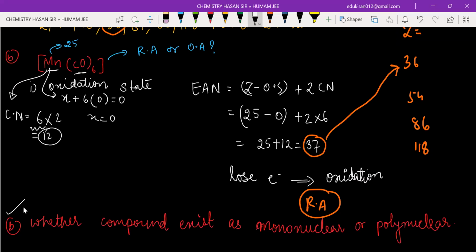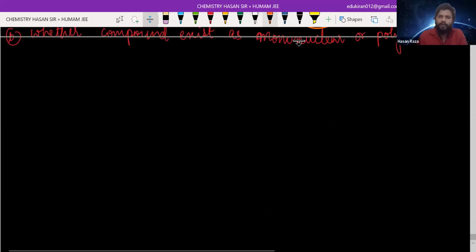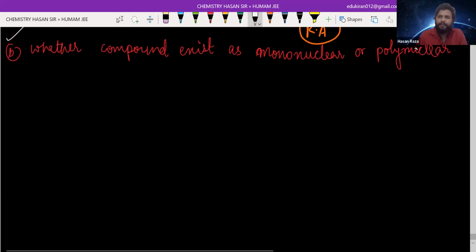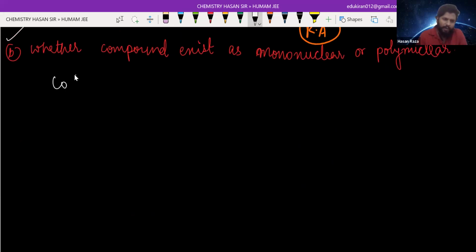Done, sir. Okay. Now see. First, you need to calculate the EAN for me, and for this you are going to calculate Co(CO)4, cobalt carbonyl 4. Tell me the EAN, effective atomic number, of this compound.